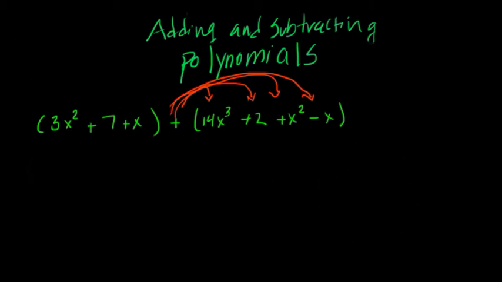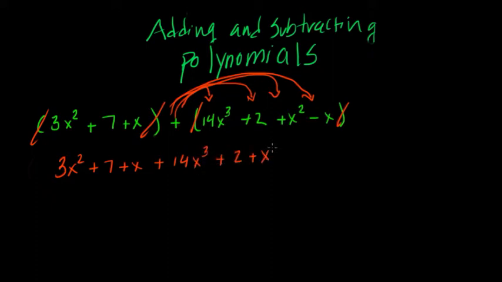Now, what actually happens is once we distribute this positive sign, all parentheses are going to drop. So that parentheses is gone, this parentheses is gone, that parentheses is gone, this parentheses is gone. And then we'll have 3x squared plus 7 plus x plus 14x cubed plus 2 plus x squared minus x.